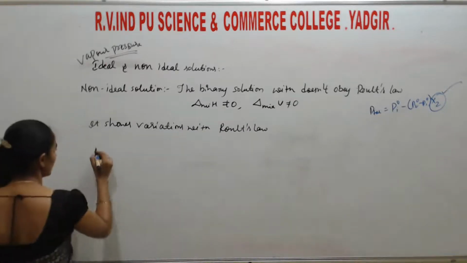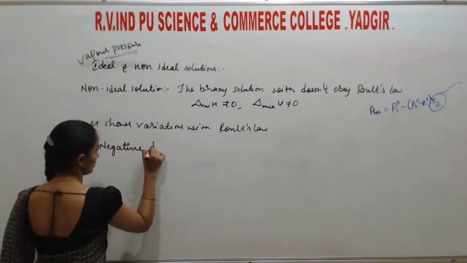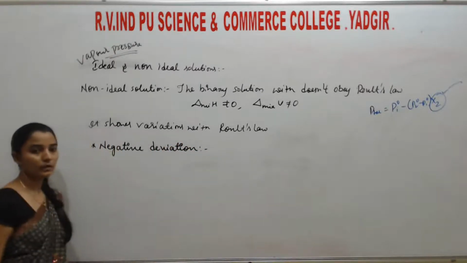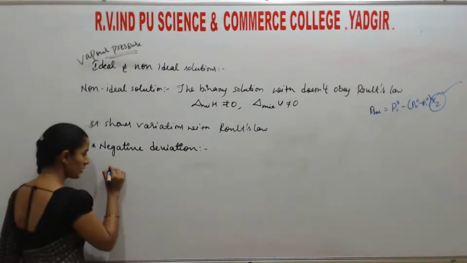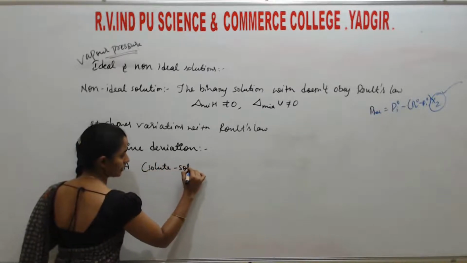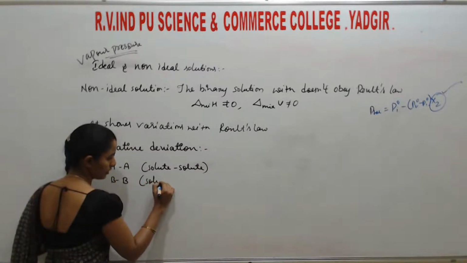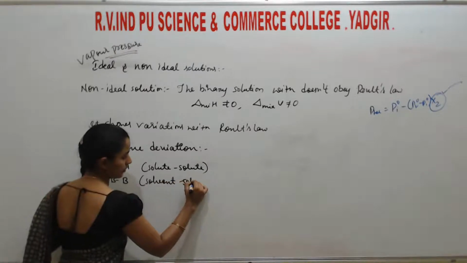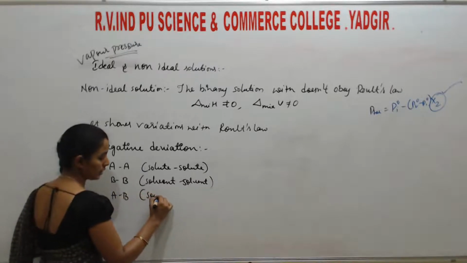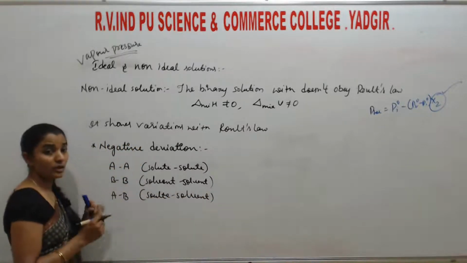So the next one is negative deviation. Again consider solute-solute interaction AA, solvent-solvent interaction BB, and binary solution AB, that is solute-solvent interaction.